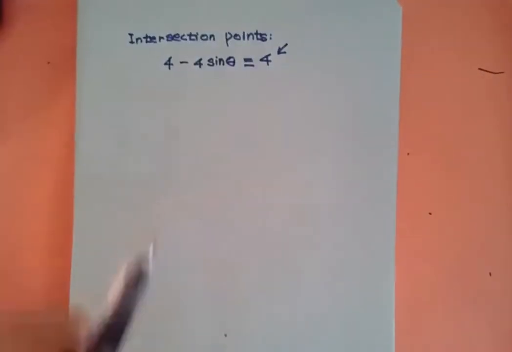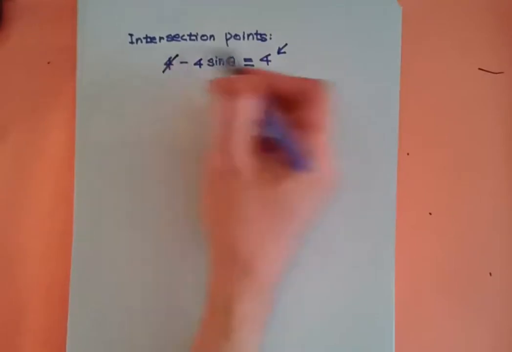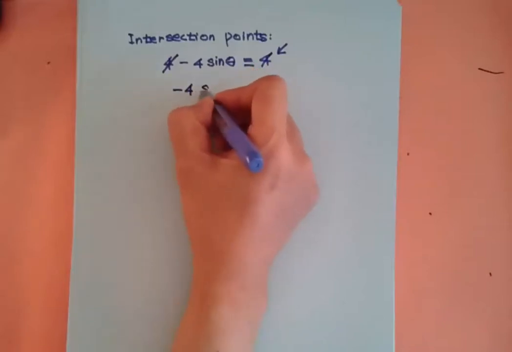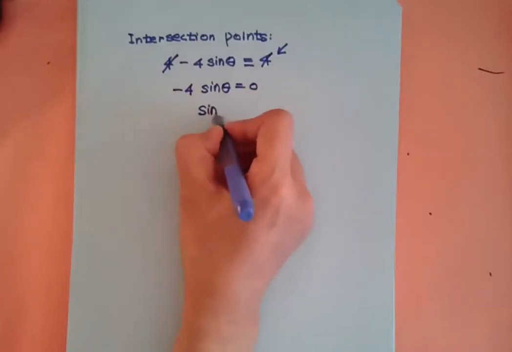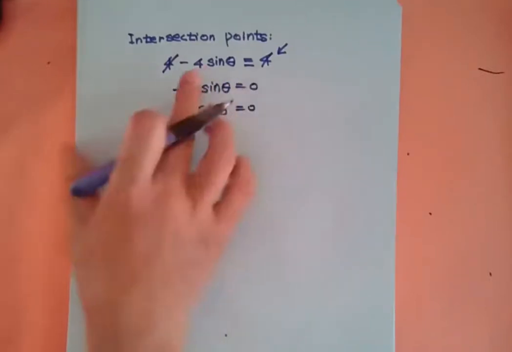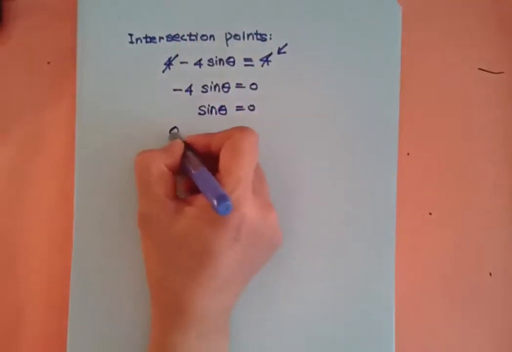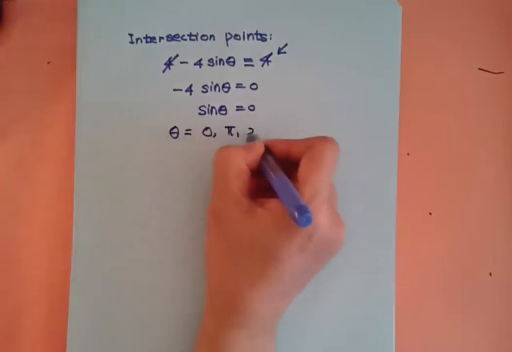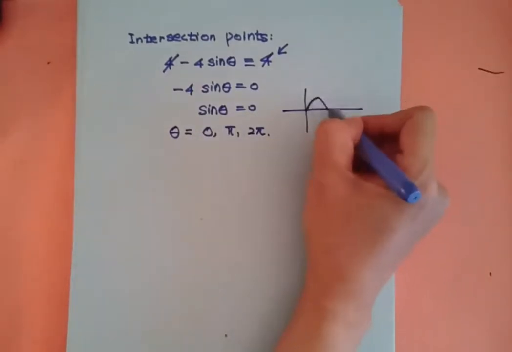So we made them equal. Then this 4 and this 4 cancel each other, and minus 4 sine of theta equals 0. So sine of theta equals 0. We just divide by minus 4 on both sides. Then theta is 0, pi, and 2 pi, because the graph of the sine looks like this. This is 0, pi, 2 pi.